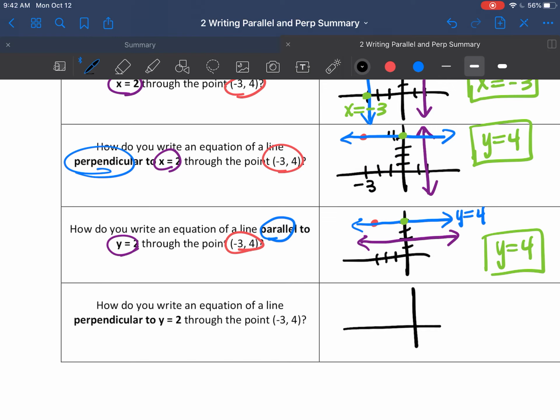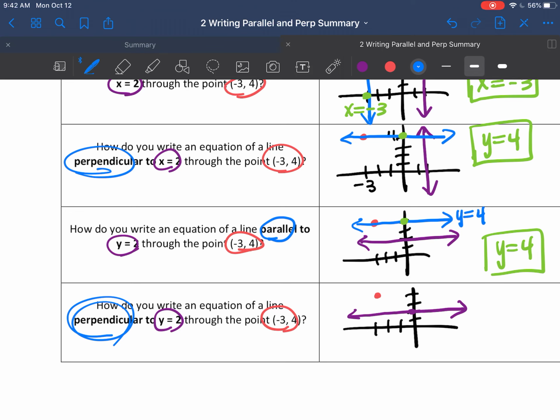Last one, let's plot that point one more time. And then they have given us that same point, -3, 4. And then they've given us the line y equals 2, which is horizontal, crossing at y equals 2.